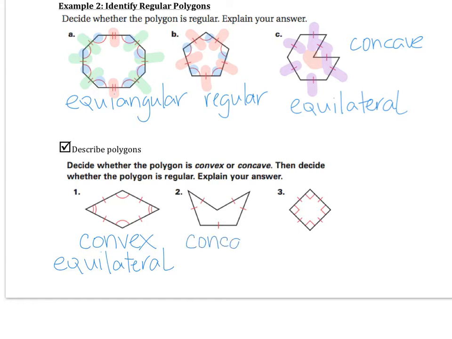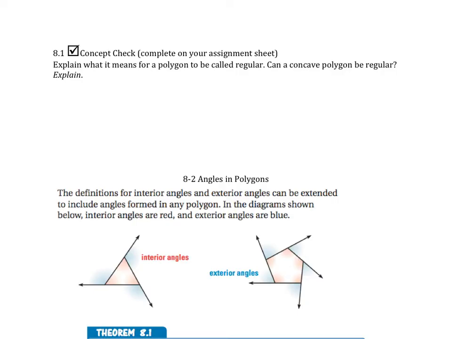It does cave in, and it's equilateral. And the last one is convex. Notice equal angles, equal sides. So this is regular. And that's really all there is for the first section.